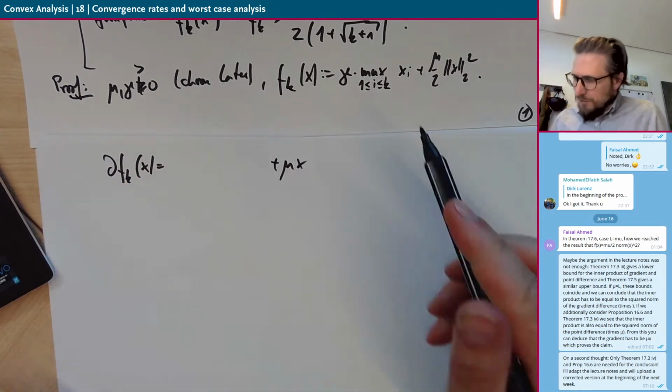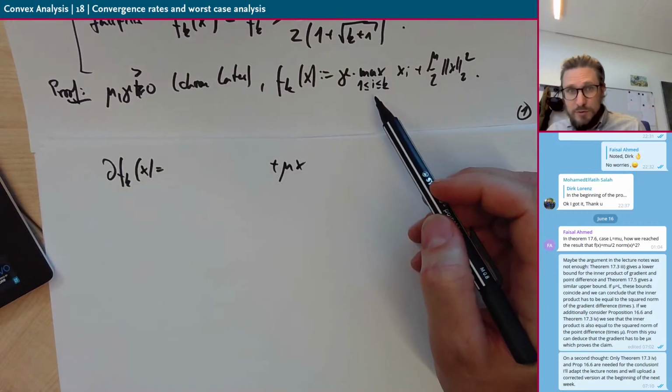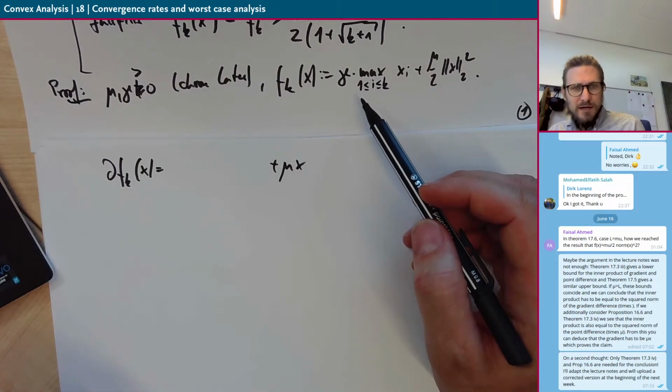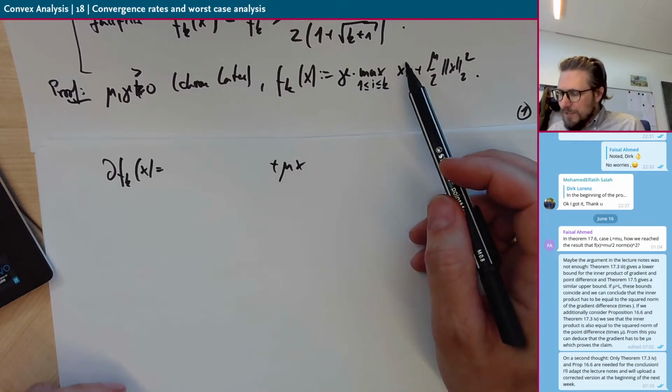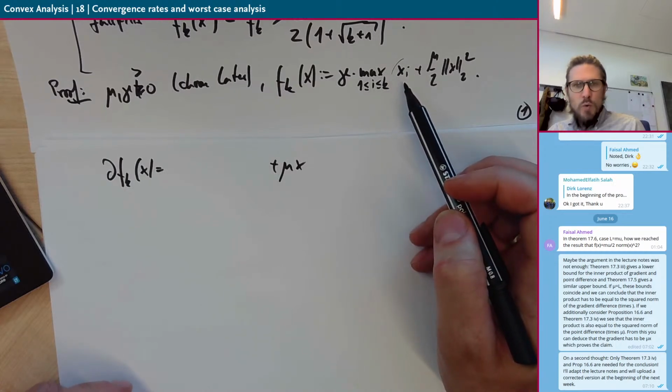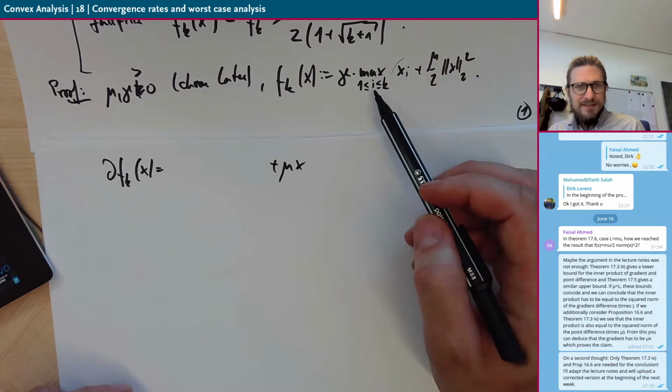But what's the subgradient of the max? There's also a rule for that. The subgradient of a max of convex functions is the convex hull of the subgradients of the individual functions over which you take the max, but only of the ones where the maximum is attained.